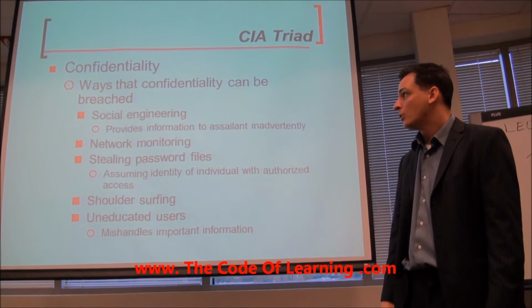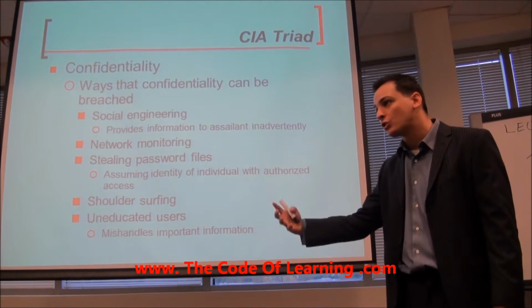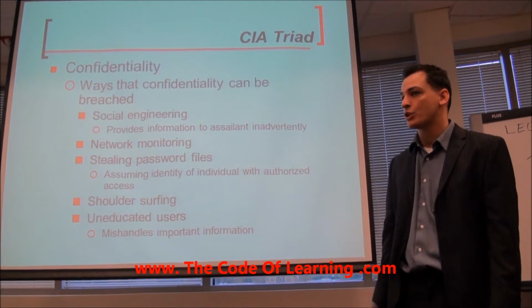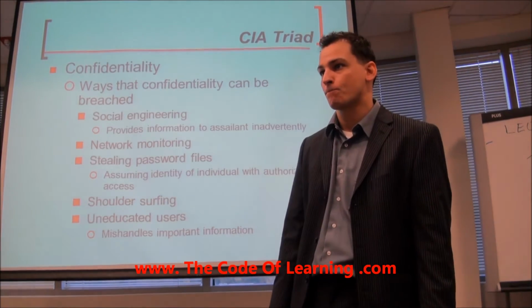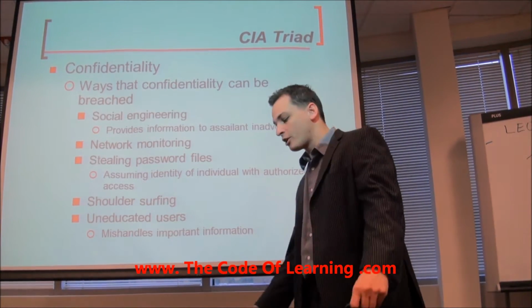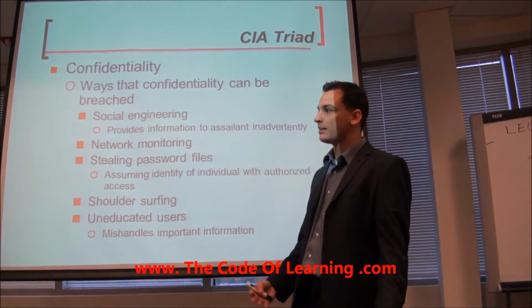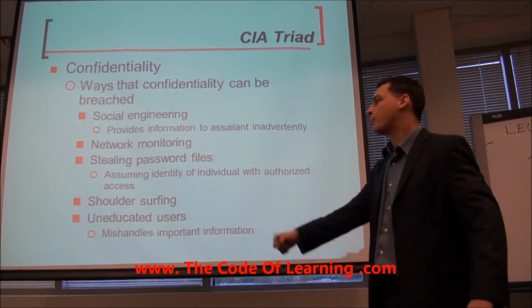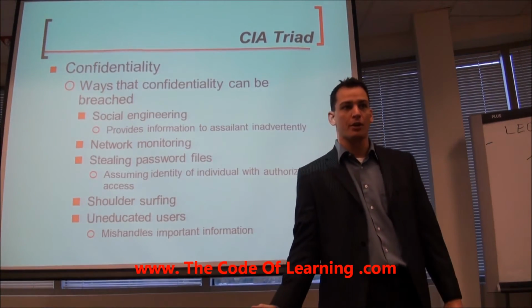There's some more. So ways that confidentiality can be breached: you've got social engineering. Why is social engineering an attack on confidentiality? Because they're striving to get unauthorized access. Right, if I just stand over your shoulder and look at something meant for your eyes and I happen to see it, then that's disclosure. If I just plug into the network and sniff the traffic, why is that attacking confidentiality?